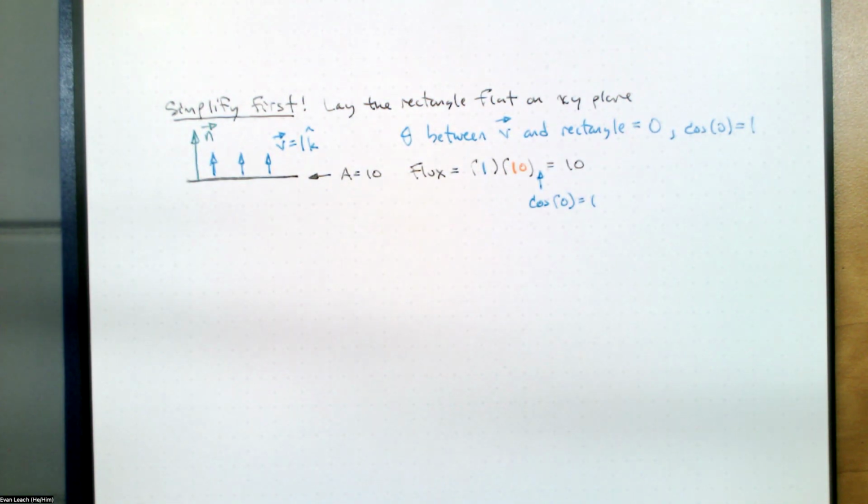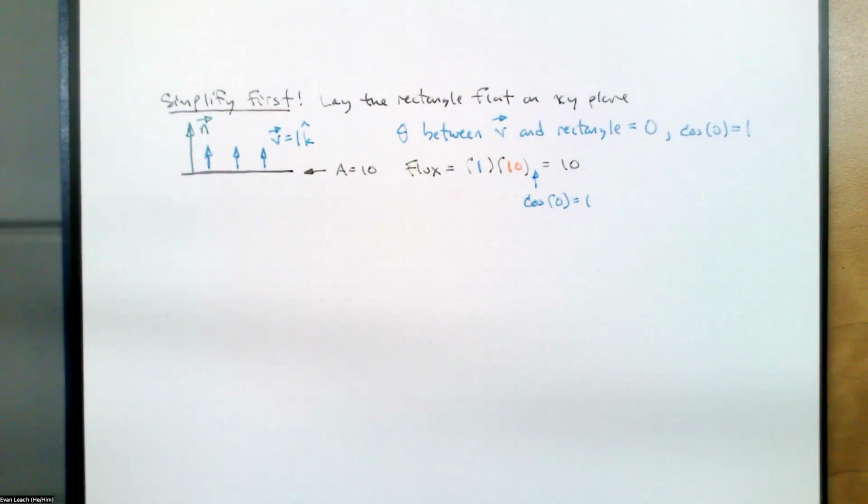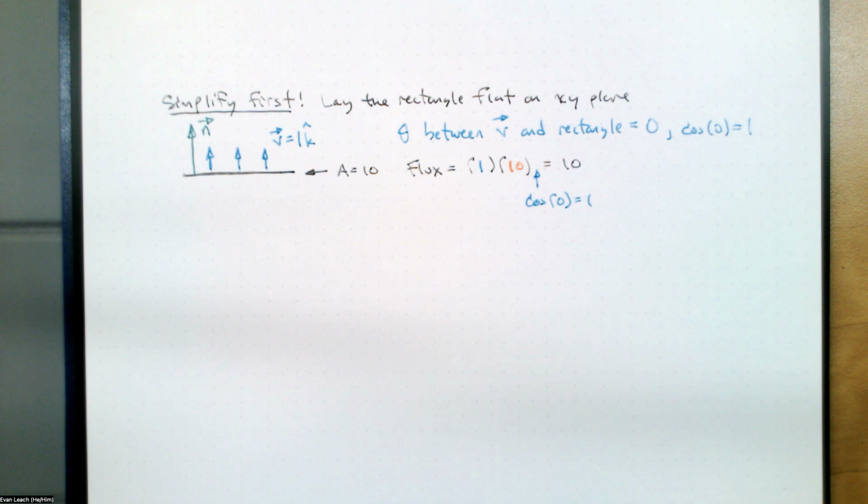Because this is how we calculate the dot product: magnitude of the first vector times the magnitude of the second vector times the cosine of the angle between them. So the cosine of 0 equals 1 is the part that I didn't write here. So that's the part that I didn't say yesterday.